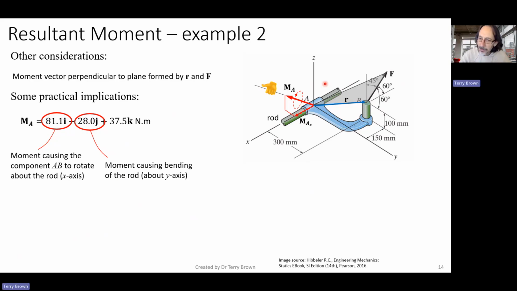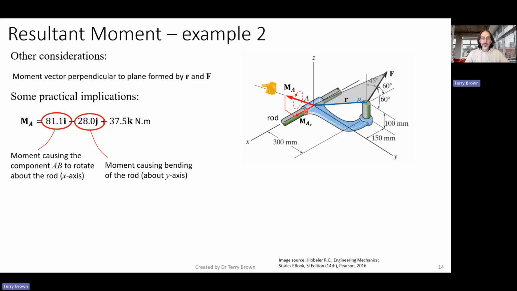Didn't anticipate doing this demonstration in this video, but hopefully you can see that if we're trying to rotate this blue thing around the y-axis, and there's some length to this collar, it's going to cause that rod to bend.